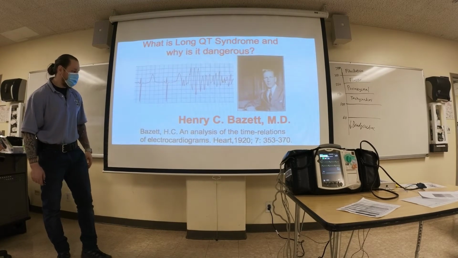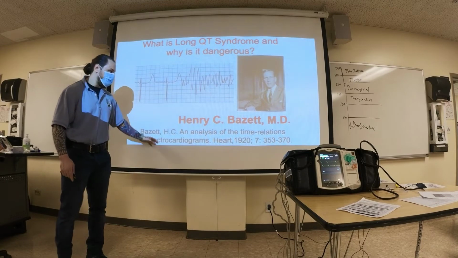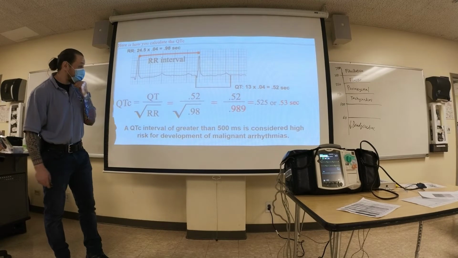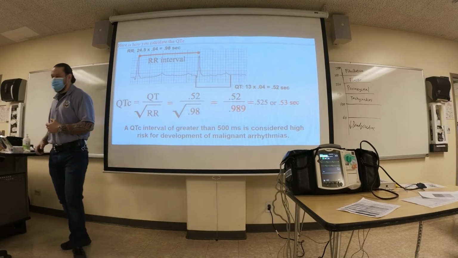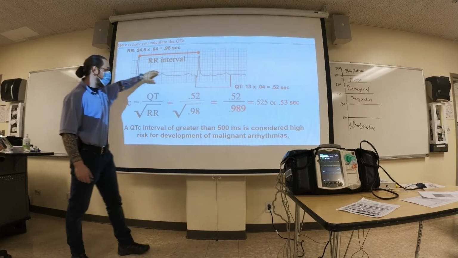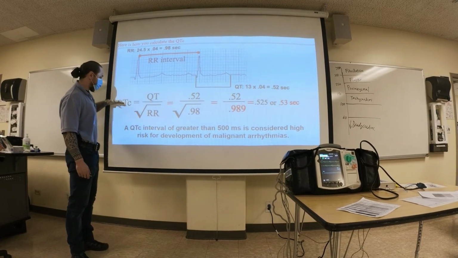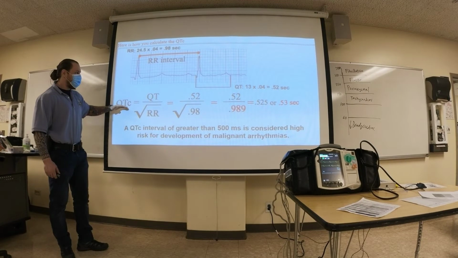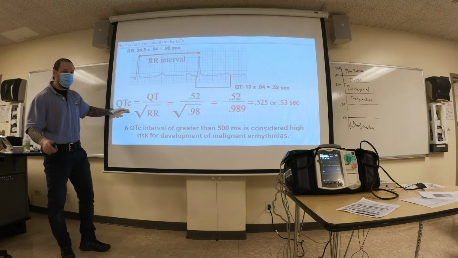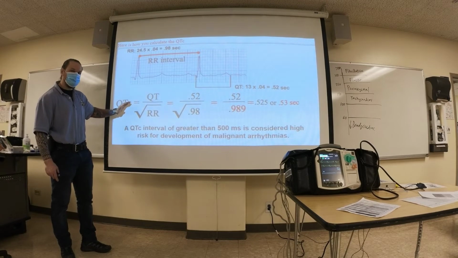This gentleman, Mr. Henry Bazett, put together a formula for how to calculate it. I don't really do this in the field, but I'll show you so you understand how this works. Here he has a rhythm, and he uses the formula for corrected heart rate, because we cannot say the normal QT is 0.44 seconds, since it depends on the heart rate.